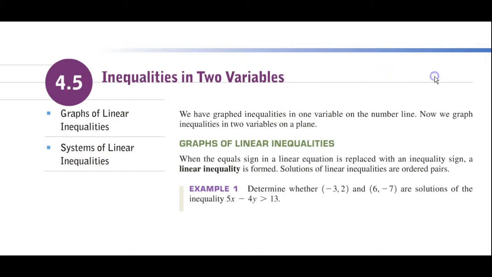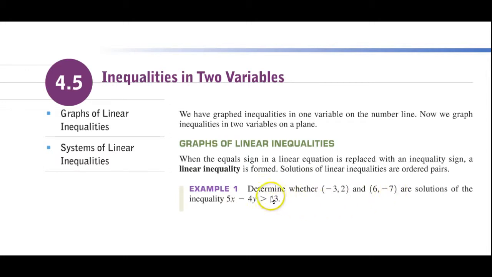The first thing we're asked to do is see whether or not these ordered pairs are a solution for these inequalities. So we're just going to substitute the -3 for the x and the 2 for the y, see if this is a true statement, and do the same thing here.